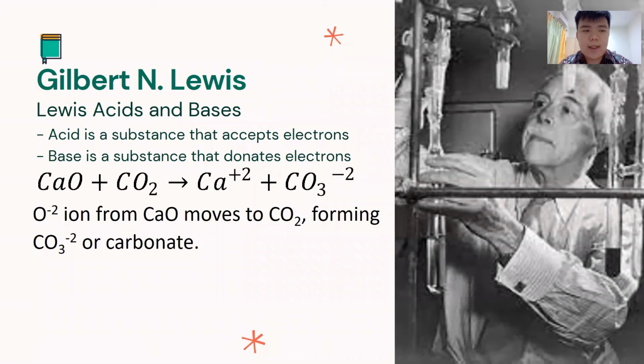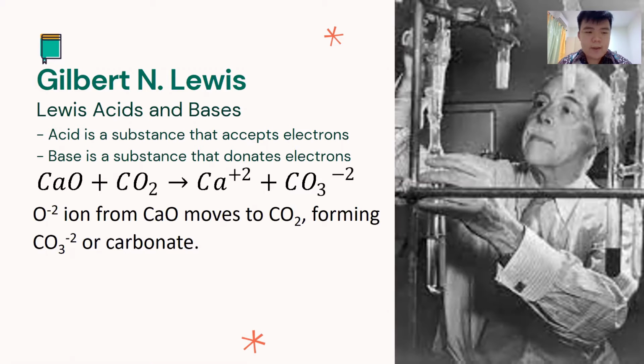The third and last one is from Gilbert Newton Lewis. His discovery about acid and base is called Lewis acid and base. The definition of an acid from Lewis is a substance that can accept electrons, while a base is a substance that donates electrons.